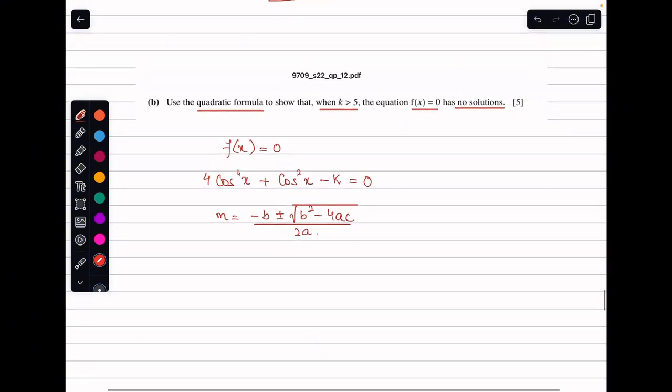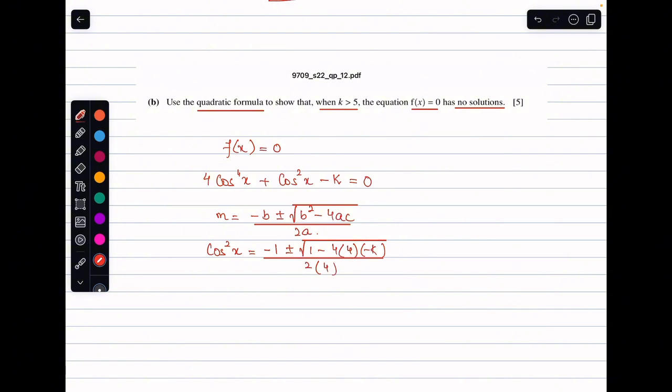So m here is cos square x. So if m is cos square x, then b is negative 1, plus minus under root 1 minus 4 times negative k. I've just substituted a and c, divided by 2 times a, and a here again is 4.